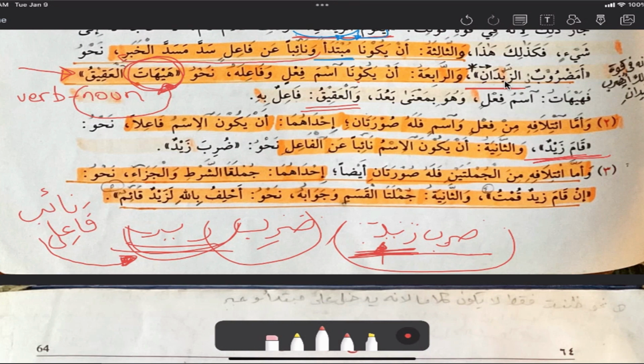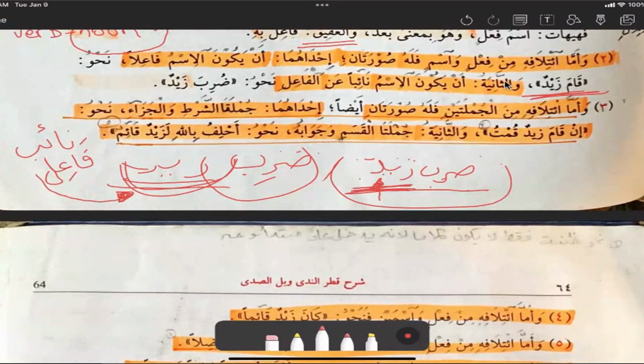That means now the receiver of the verb is really the subject of the sentence. That means passive voice. Nahu duriba Zaid. Zaid was struck. Subject of the sentence, while being the receiver of the verb.